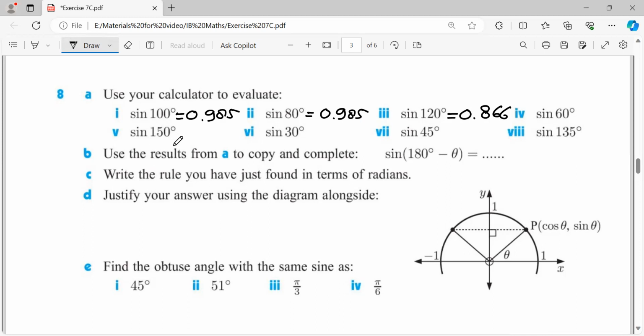That's one. And this one is 0.866. Okay.